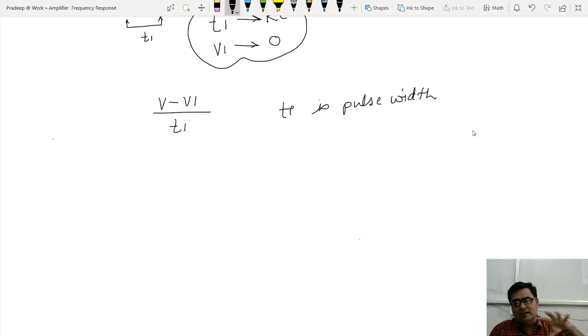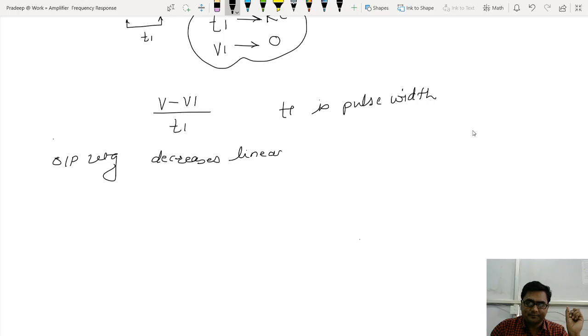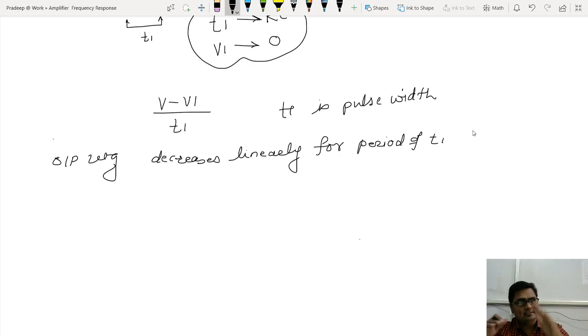It means, how can I represent that in an equation? Okay, let me write the output voltage. Output voltage decreases linearly for the period of T1, because T1 is the pulse width.